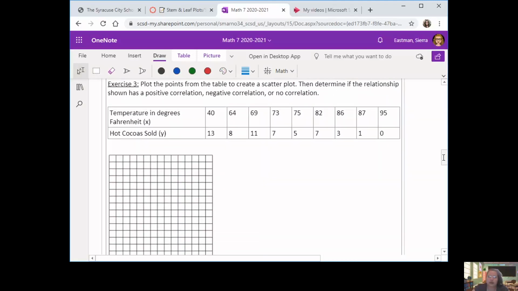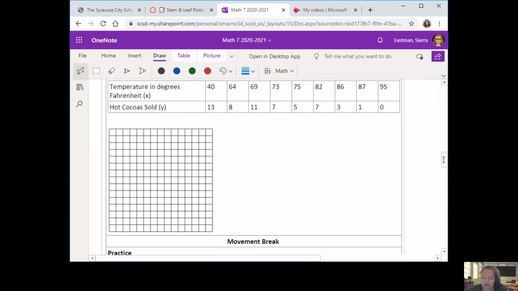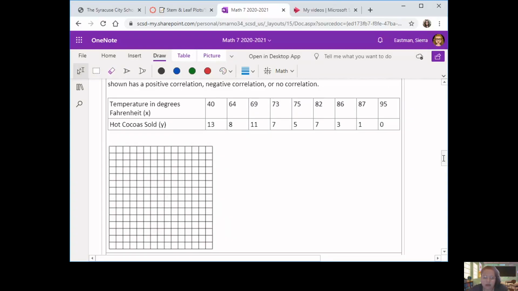We have a table and they're telling us a bunch of different points to plot. So we're going to want to label our scale, see if we can do this pretty nicely and evenly here, plot our points, and then take a look at what kind of relationship it has.